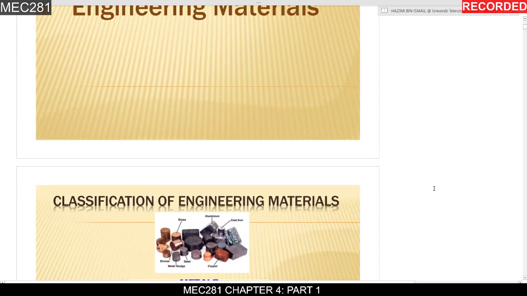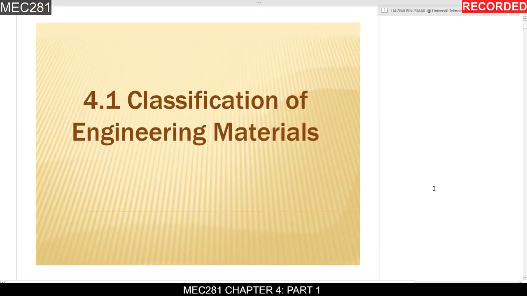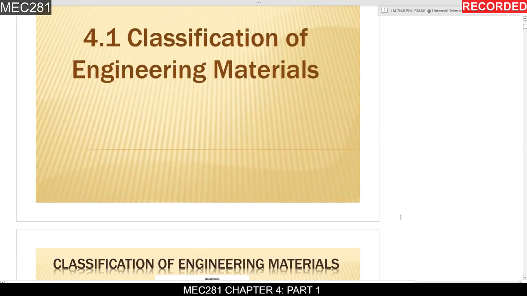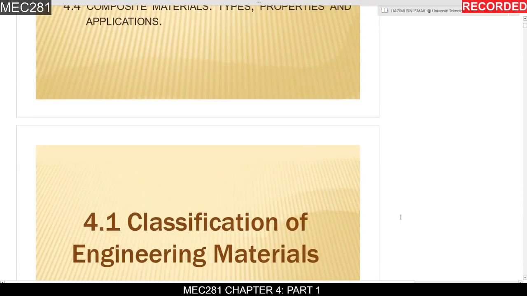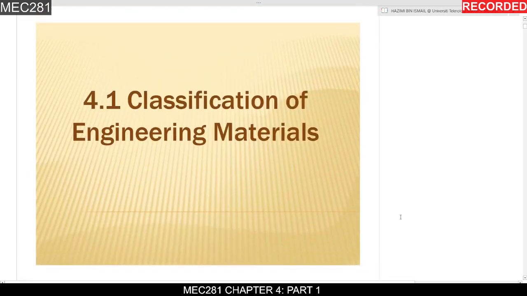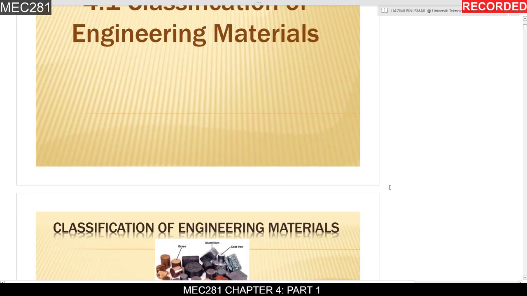Okay, before we go deeper into chapter 4, I just want to remind you that chapter 4 is more on general knowledge, and you have to memorize most of the information in chapter 4.